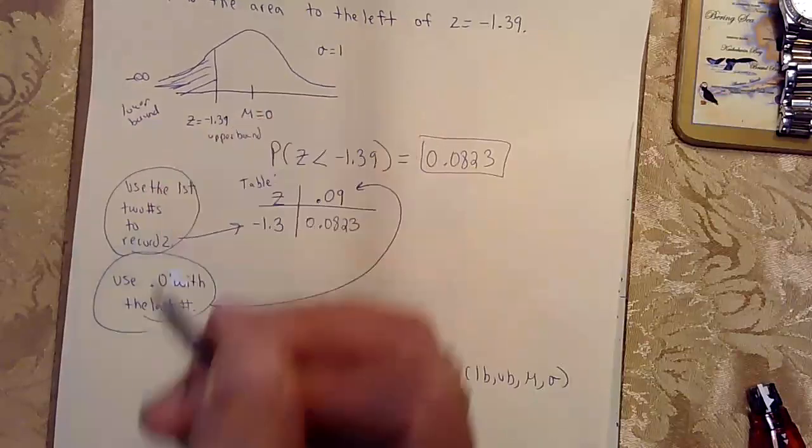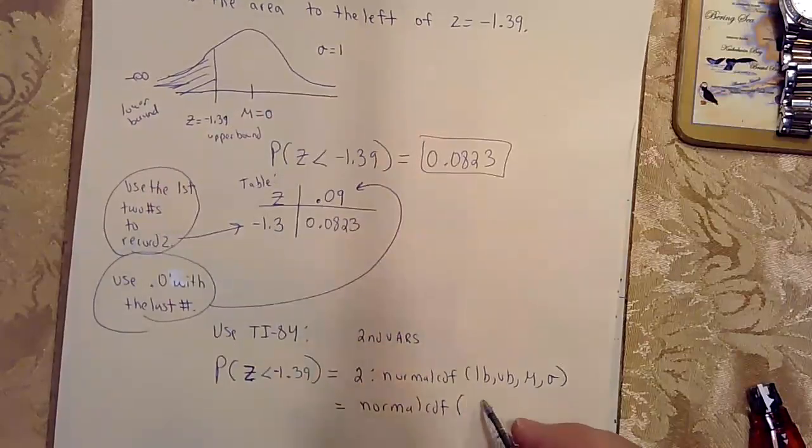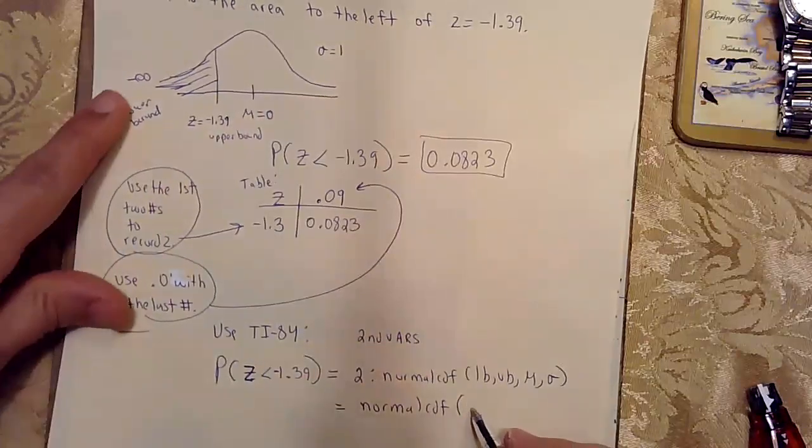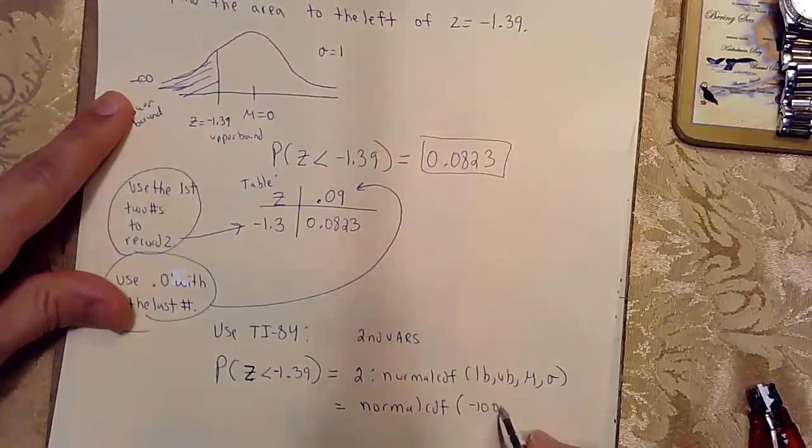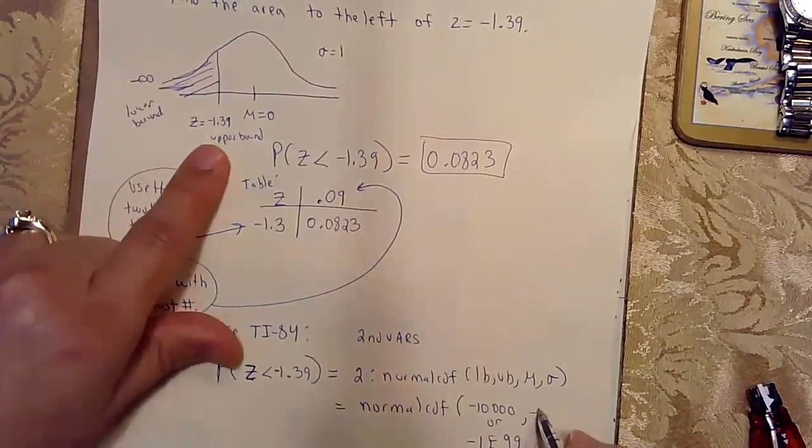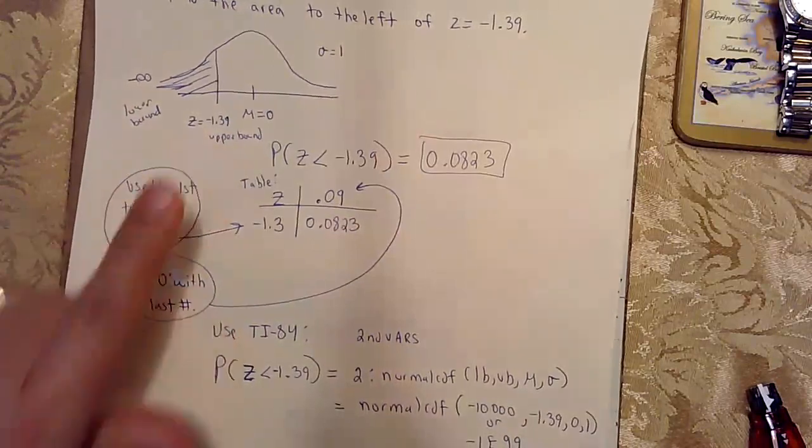Negative 1.39. So for the lower bound, you have a choice. You can put negative 10,000, or you can do negative 1 E 99. And then the upper bound is negative 1.39, and mu is 0, sigma is 1.